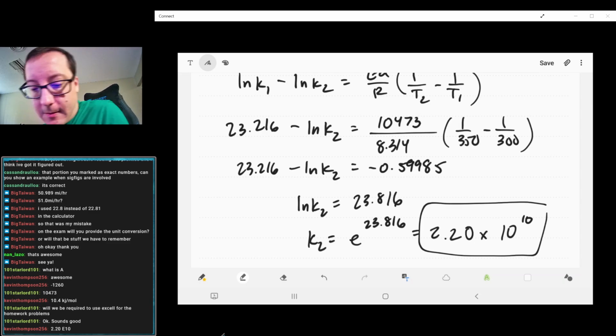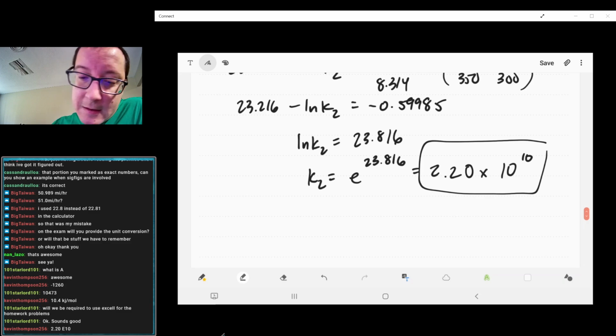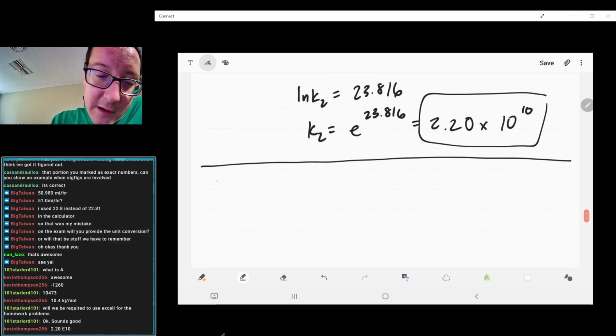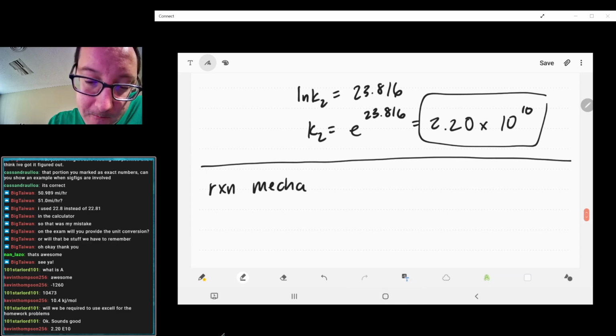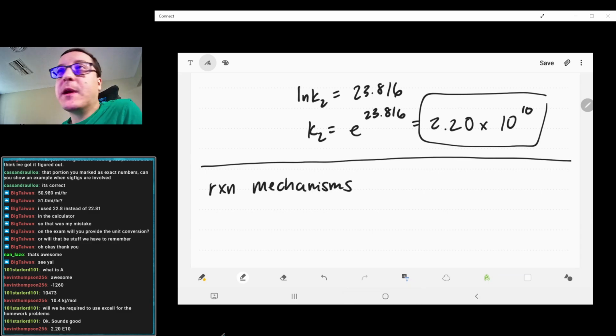Okay, well, in that case, let's take a look at reaction mechanisms now.